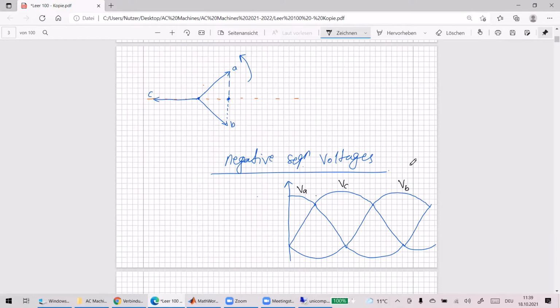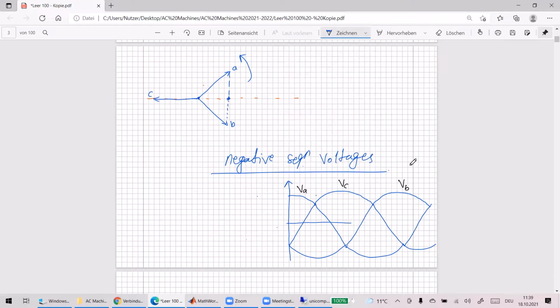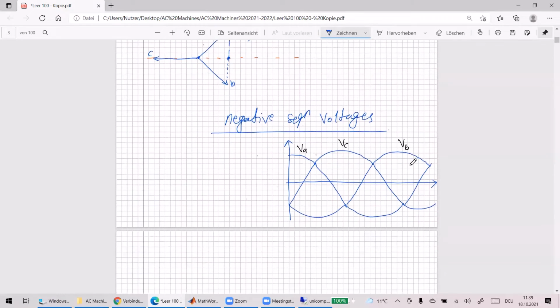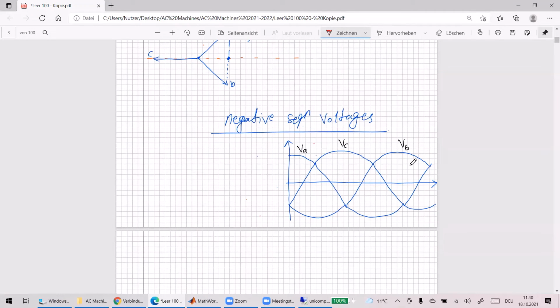And let's take again 3 points. So let's choose the 3 points. One point here, another point.